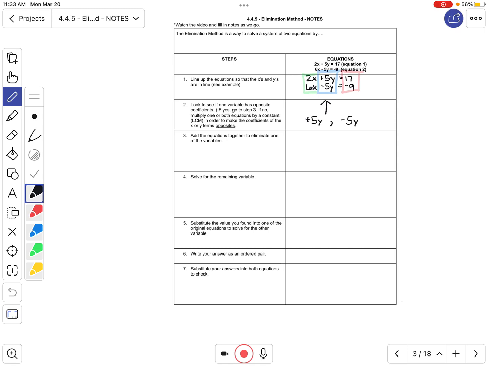If they do not, like if it was positive 5y and negative 1y, you just have an extra step which says to multiply both of the equations by a number, and specifically by the least common multiple. That is from 6th grade, which means the smallest number that they both can multiply into, because we want to make them the same digit and we want to make sure that they're opposites.